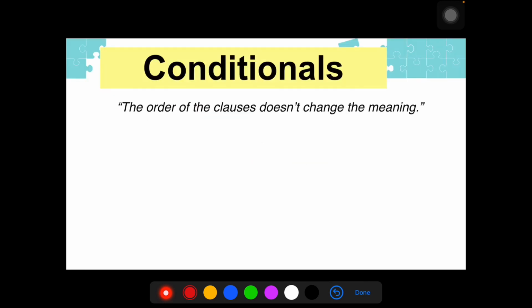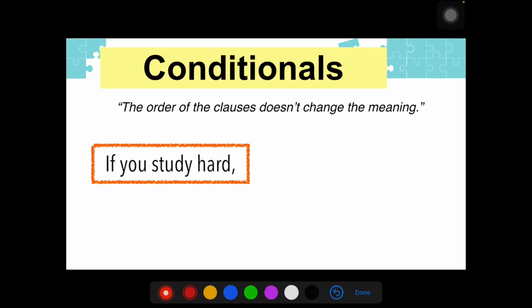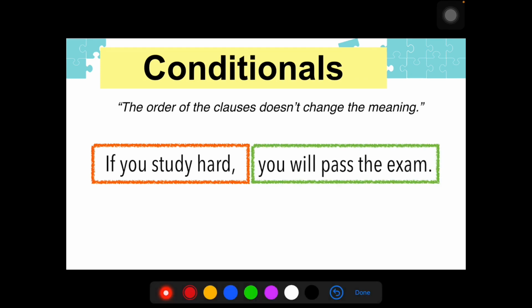Alright. The order of the clauses doesn't change the meaning. As you see in the sentence I showed you, there were two clauses, the if clause and the main clause, right? If the order changes, the meaning is the same. For example, if you study hard, you will pass the exam.